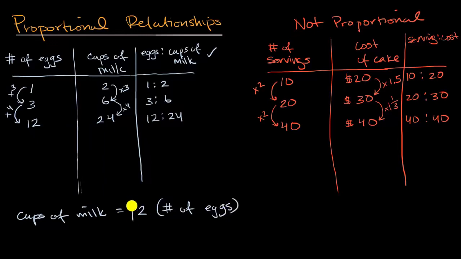And this number right over here, we call the constant of proportionality. You wouldn't be able to set up an equation like this in the cake scenario. It would have to be more complicated. And so in a proportional relationship, the ratios are equivalent between the two variables, and you can set it up with an equation like this, where you have a constant of proportionality.